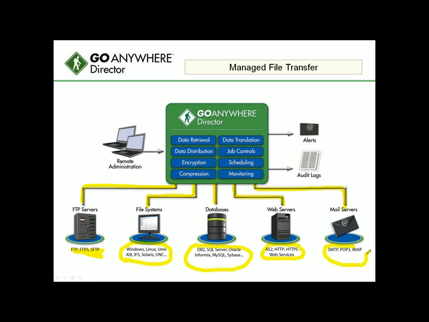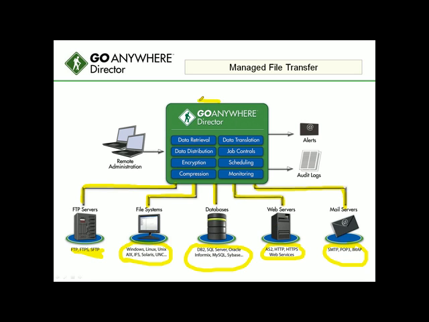So you can use GoAnywhere to connect out, send files out to your partners as email attachments with custom messages. And you can do that all on a scheduled batch basis, which is great for doing a lot of different email type functions that you need to do on a day-to-day basis.